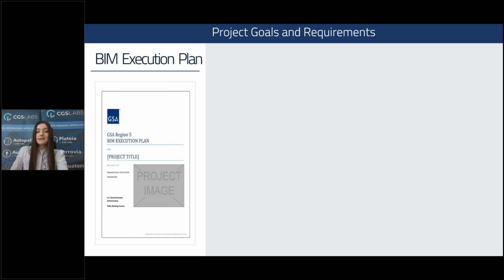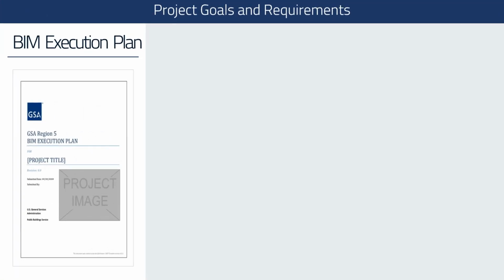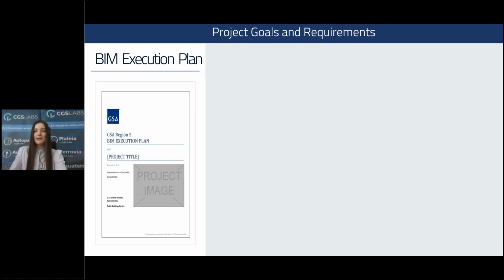So the BIM execution plan is a very important component, especially for large or complex construction projects involving multiple collaborators. By outlining clear roles, responsibilities, and facilitating real-time communication, the BIM execution plan keeps everyone in sync, ensuring that construction remains on track.